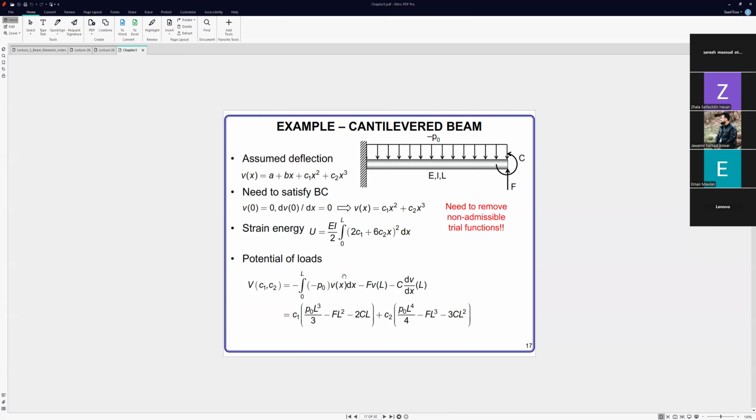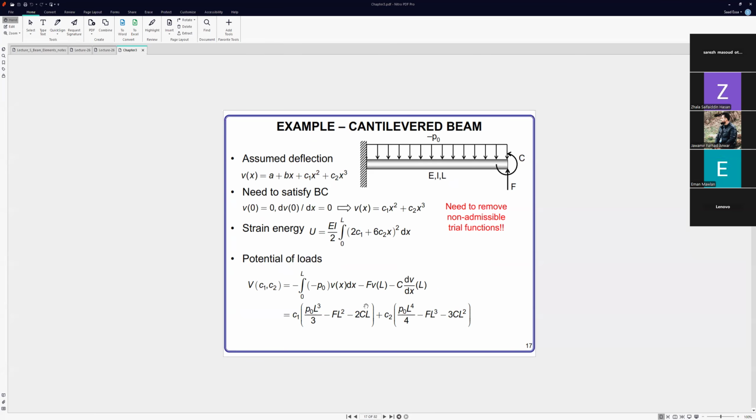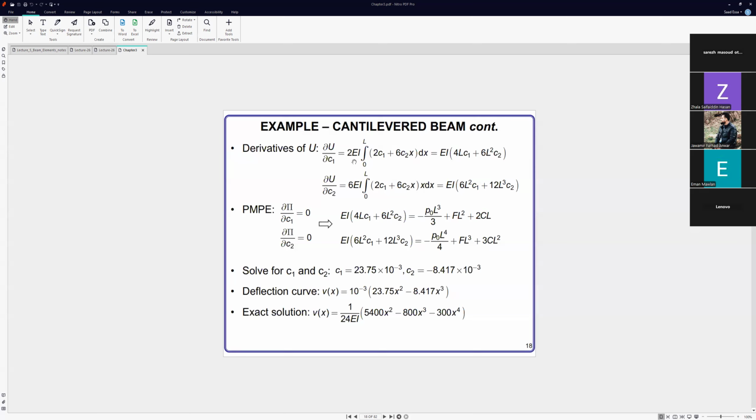So del U over del C1 is equal to 2EI, integral 0 to L, of this term. So this meaning that derivative with respect to C1, and this meaning that C2 is constant. This is very important.